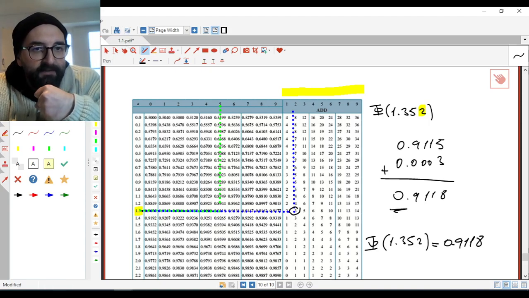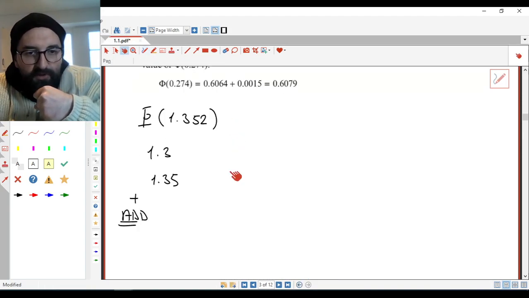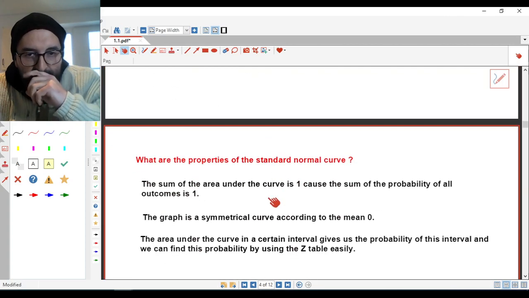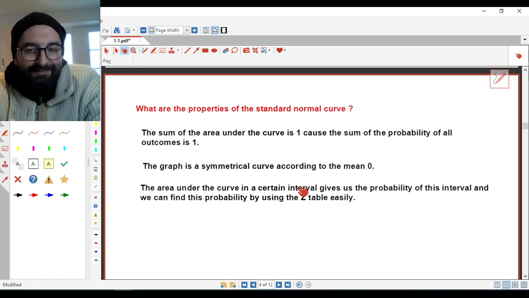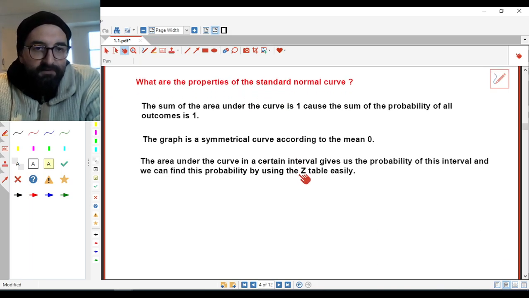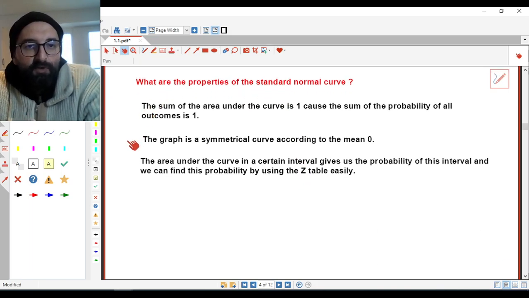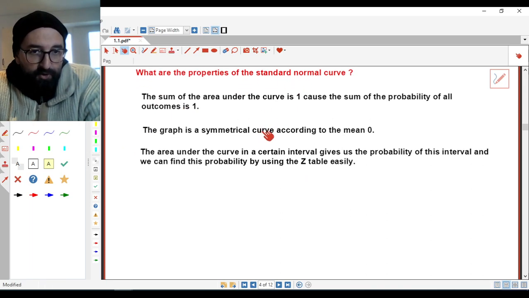Okay, and I want to keep going for the Z. What are the properties of the standard normal curve? Please remember the features of the standard normal curve.